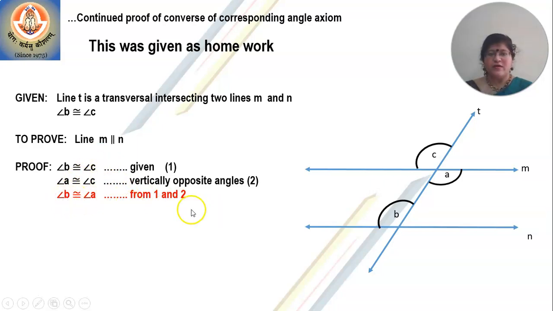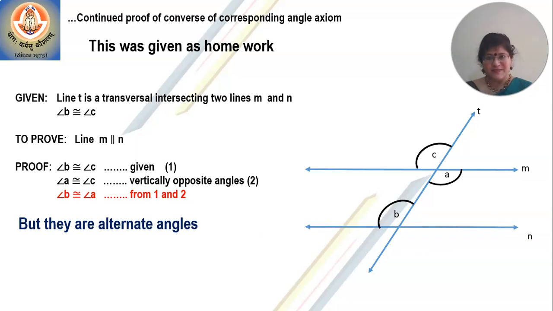So we have drawn this conclusion that angle B is congruent to angle A. Okay, but when you look at angle B and angle A, what kind of angles do they look like? Are they not Z-shaped angles? So you make a statement, but they are alternate angles.